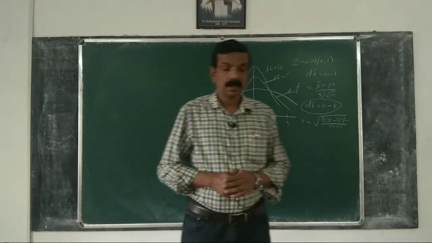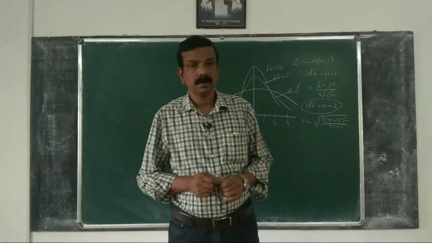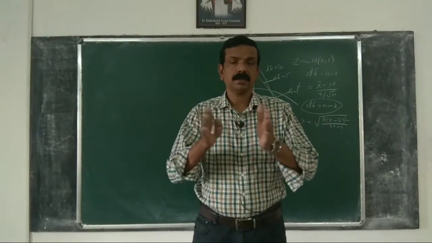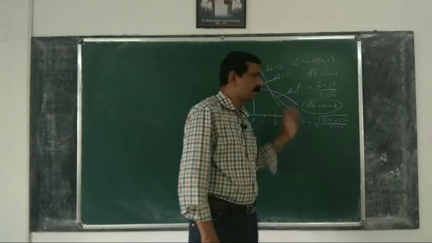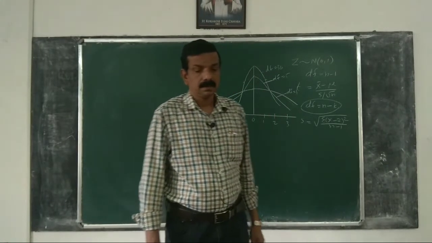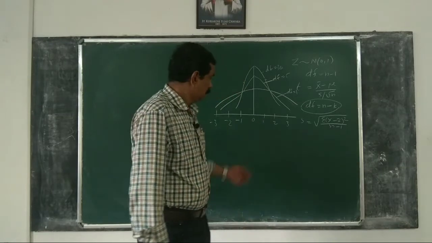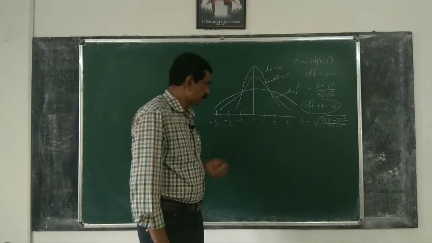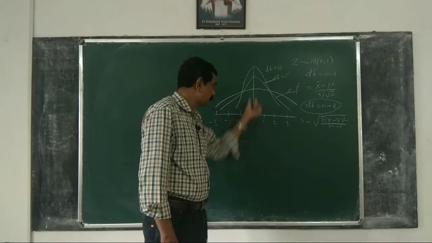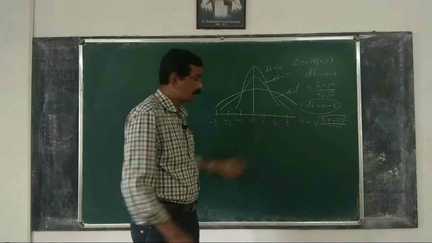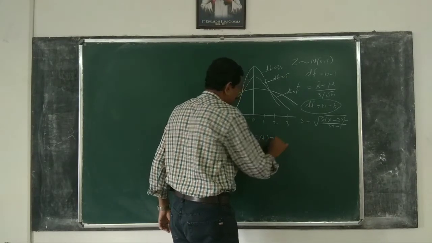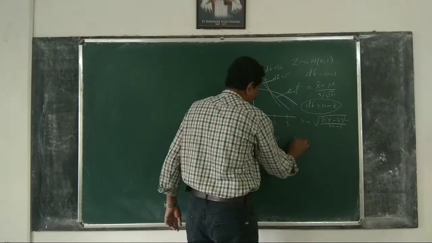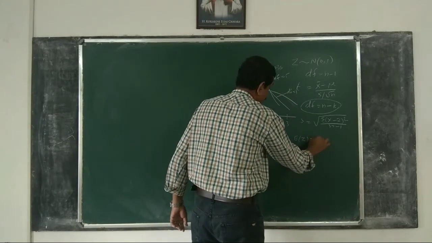Now let us see what the properties are. Like the standard normal distribution, the area under the t curve is 1. And like a normal distribution, it is symmetric around 0. So the expected value of t is equal to 0, as in the case of expected Z equal to 0.